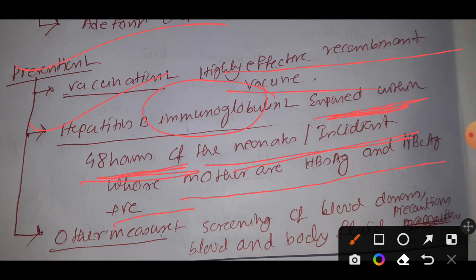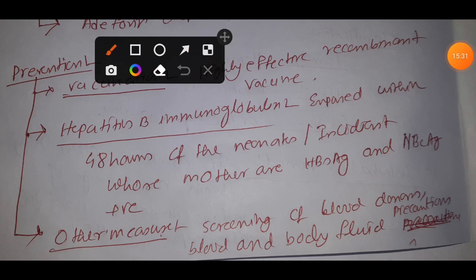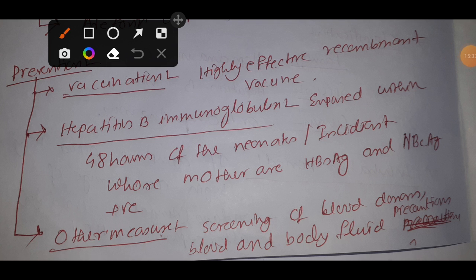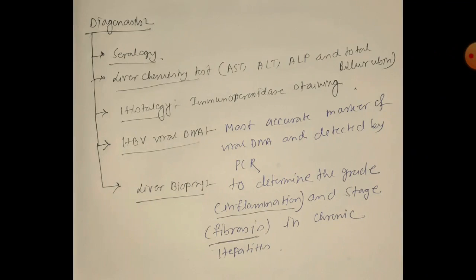That means newborn babies whose mothers are unfortunately HBsAg or HBeAg positive are given hepatitis B immunoglobulin within 48 hours, so that the child's immune system can develop antibodies for hepatitis B. Other measures are screening of blood donors and blood and body fluid precautions. So those are the various things you need to know about hepatitis B.